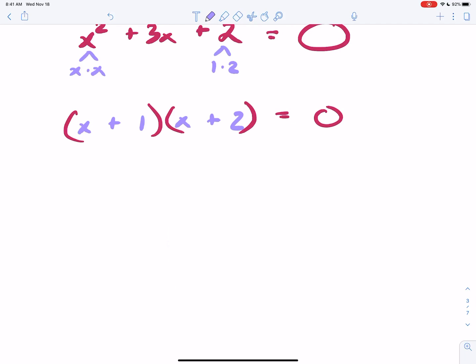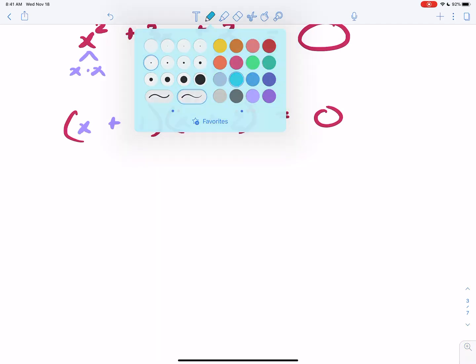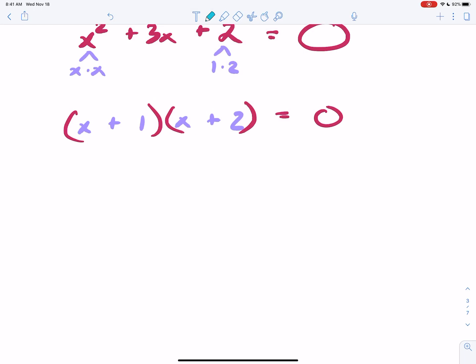Or if you want to speed this up a little bit, you'll notice that x has to be -1 or -2. If you think about solving that mentally, you just think about the opposite value. It's easy there, but when you have other cases where there's coefficients, you might want to split and solve there, okay?